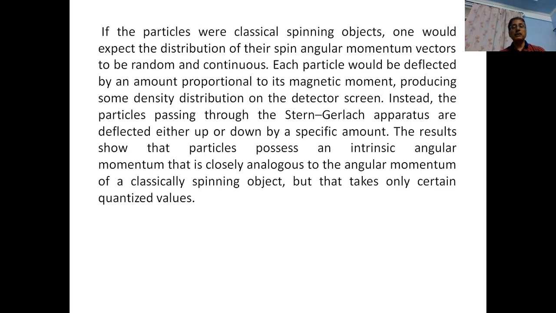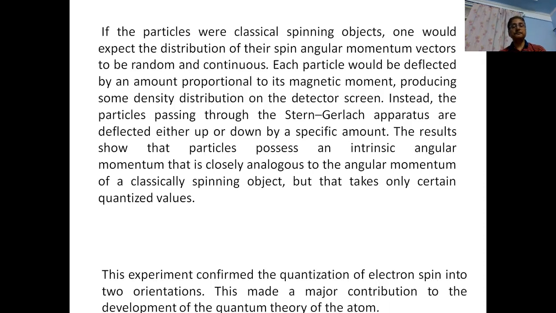The results show that particles possess an intrinsic angular momentum that is closely analogous to the angular momentum of a classically spinning object, no doubt, but that takes only certain quantized values.